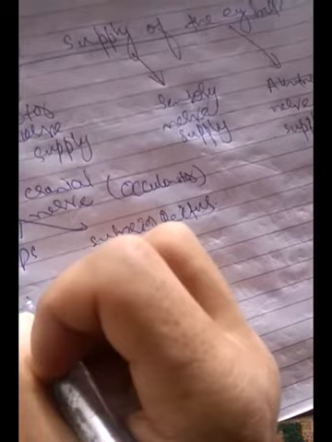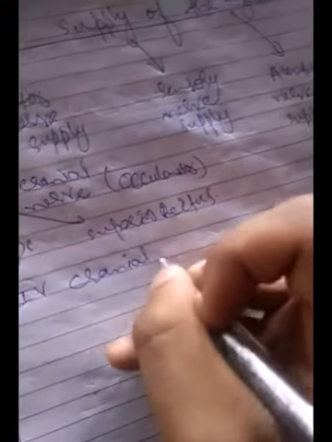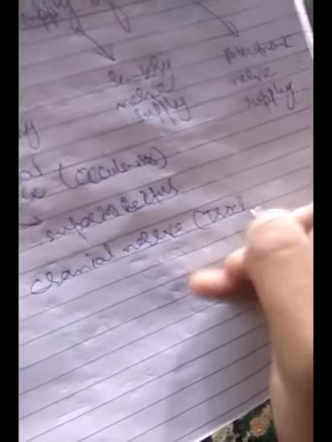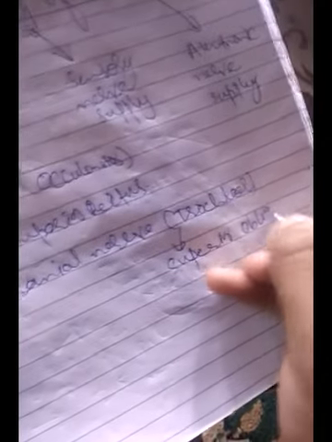The fourth cranial nerve, known as trochlear, supplies the superior oblique muscle.